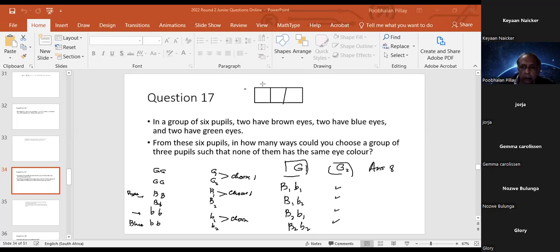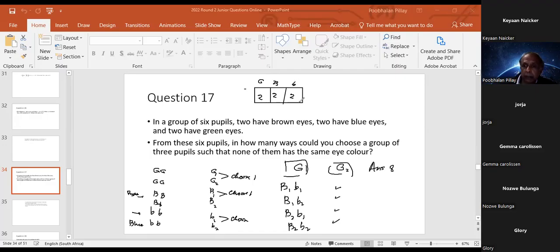You got the green and the blue and the small blue. Now this box can be filled in 2 ways. You can either have G1 or G2, and this one here also 2 ways, and this one here is also 2 ways, because you could have the first guy with the blue eyes and the second guy with the blue eyes.